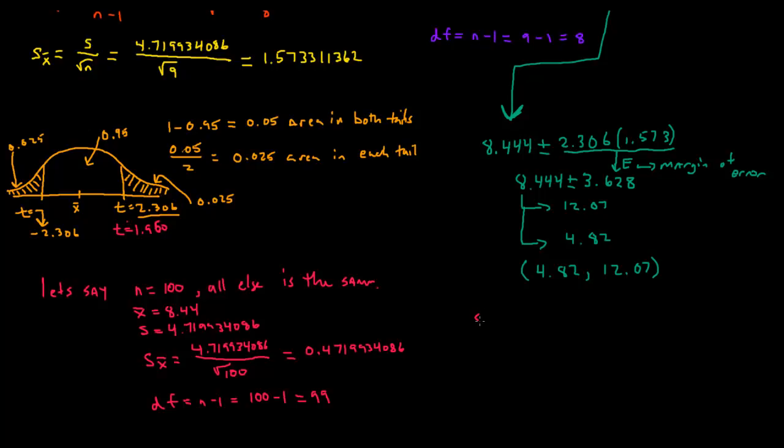X bar, which is 8.44, plus or minus t, which is 1.960, times our standard deviation, which is 0.4719934086.